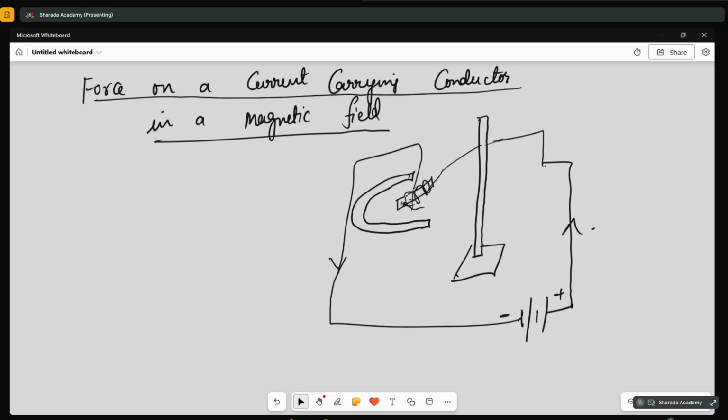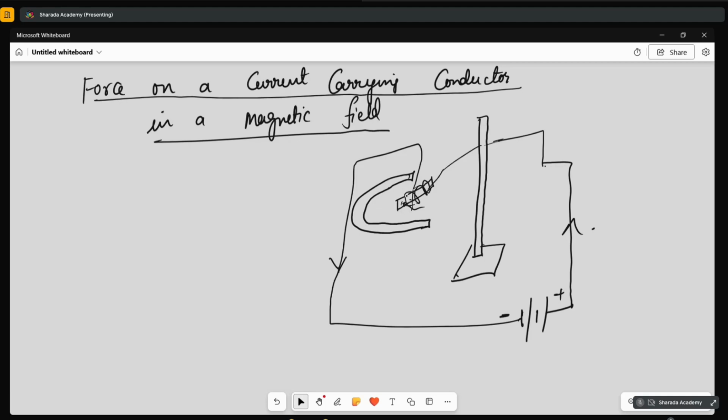Likewise, if you keep another magnet which has more magnetic field, the force experienced by the conductor will increase. And if you change the direction of the current in the conductor, the direction of the magnetic field will change, so the direction of the force will change.